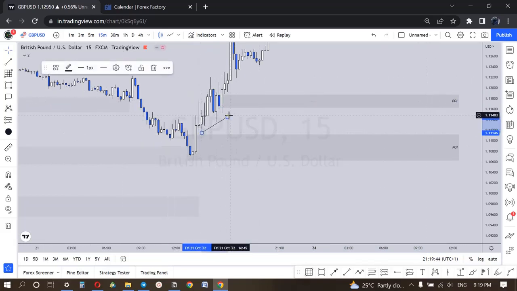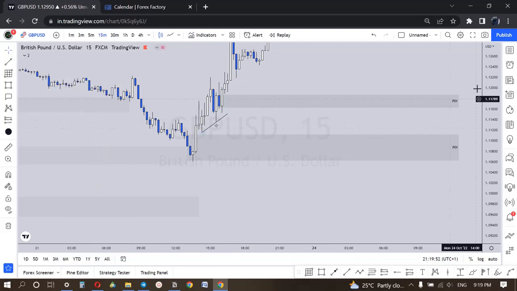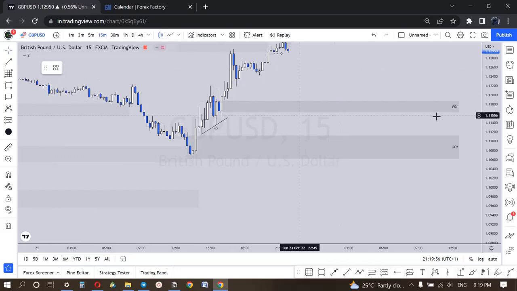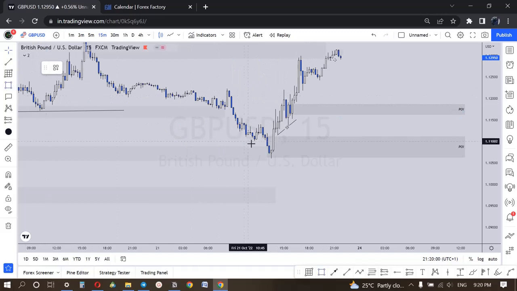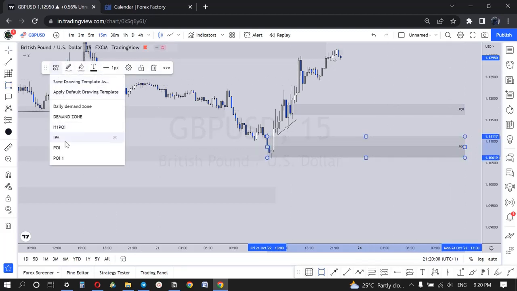But if that area will not be able to hold, we have this liquidity that is written right below there, and we can potentially think of going aggressively from here. That's the 15 minutes time frame supply demand, I mean.